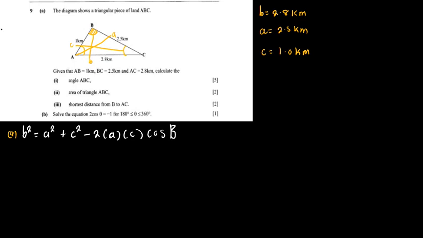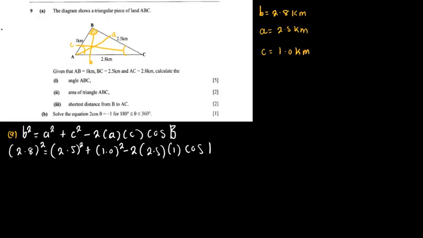Now, I have the figure B, which happens to be 2.8. A is 2.5. C is 1.0. Then I'll say minus 2. Then I can put just what I have there directly.